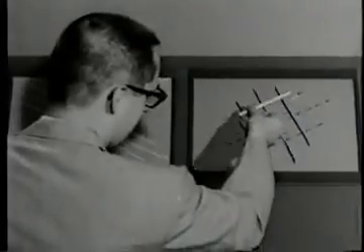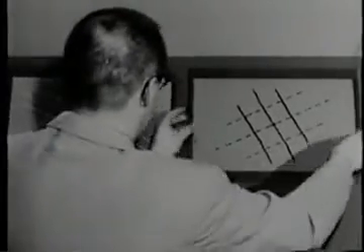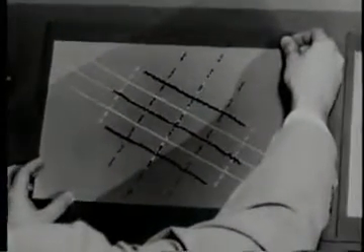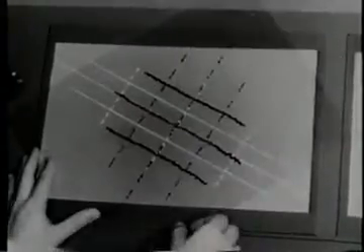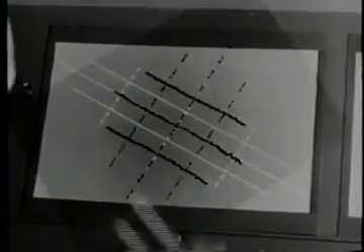This is a third important property of the principal axes, and again, it may be easier to see with the rotation removed. You can see that the lines have moved parallel to themselves in or out.